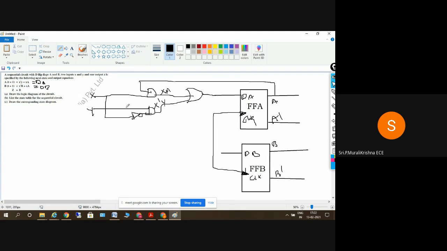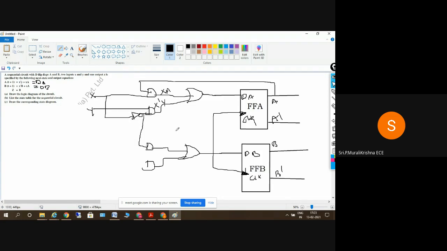Okay, next x bar b plus xa. So we'll have x bar b plus xa. So we'll again have an OR gate, and we'll also be having two AND gates. The two AND gates are given to an OR gate here. So one should be xa, and another one should be x bar b. So I can take this as x bar here, right?